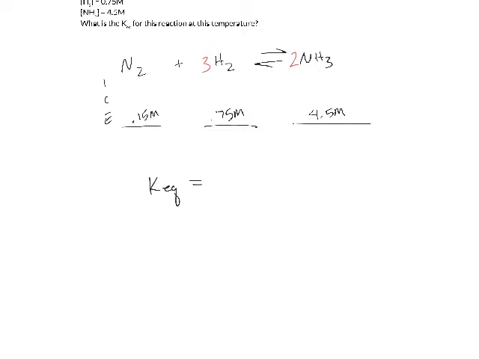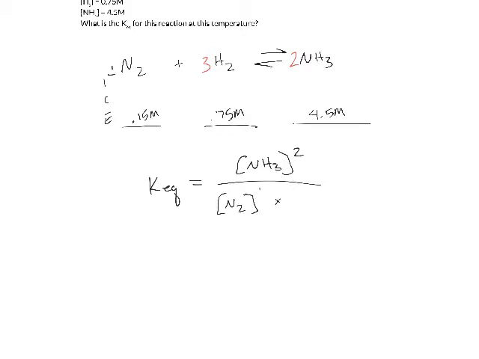Nitrogen, 1 mole of nitrogen will react with 3 moles of hydrogen to produce 2 moles of ammonia. So in order to do the Keq calculation, you have to take the final equilibrium concentration of ammonia and raise it to the second power. And then you have to divide it by the equilibrium concentration of nitrogen to the first power, because really this number is a 1.